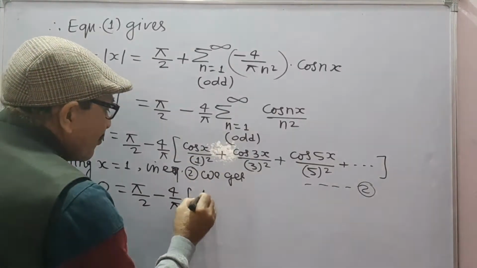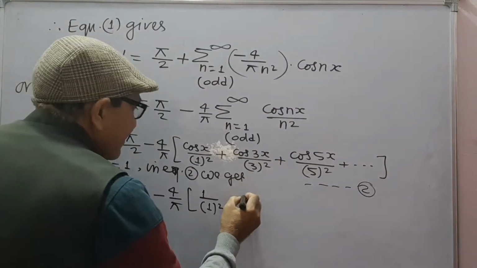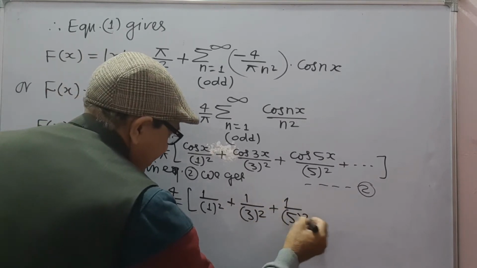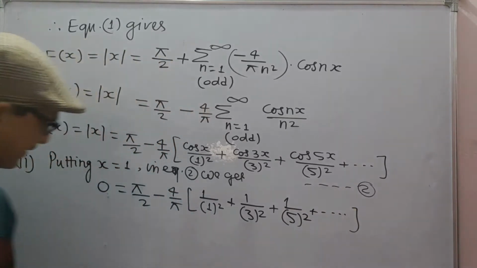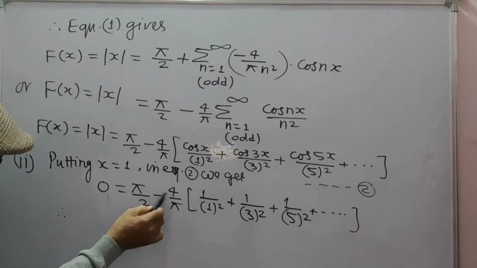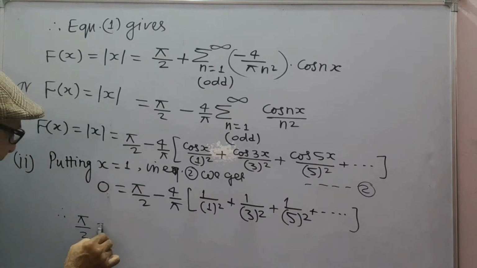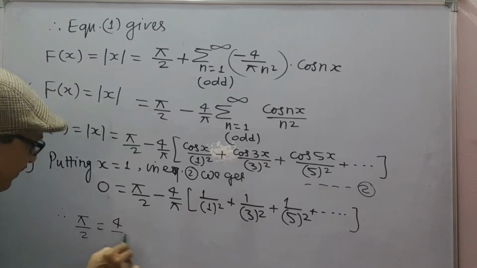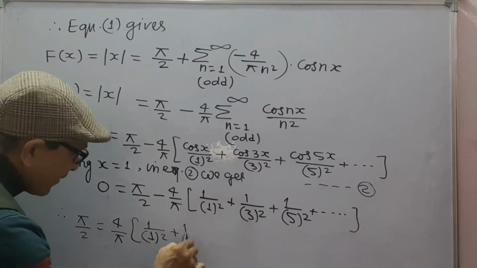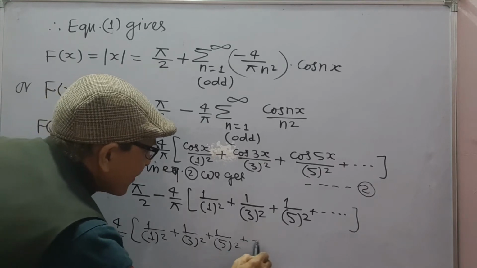Cos 0 is 1 upon 1 square plus cos 3 pi by 2... again 1 upon 3 square plus 1 upon 5 square and so on up to infinity, or pi by 2, the minus cancels, will be equal to 4 upon pi times 1 upon 1 square plus 1 upon 3 square plus 1 upon 5 square and so on up to infinity.